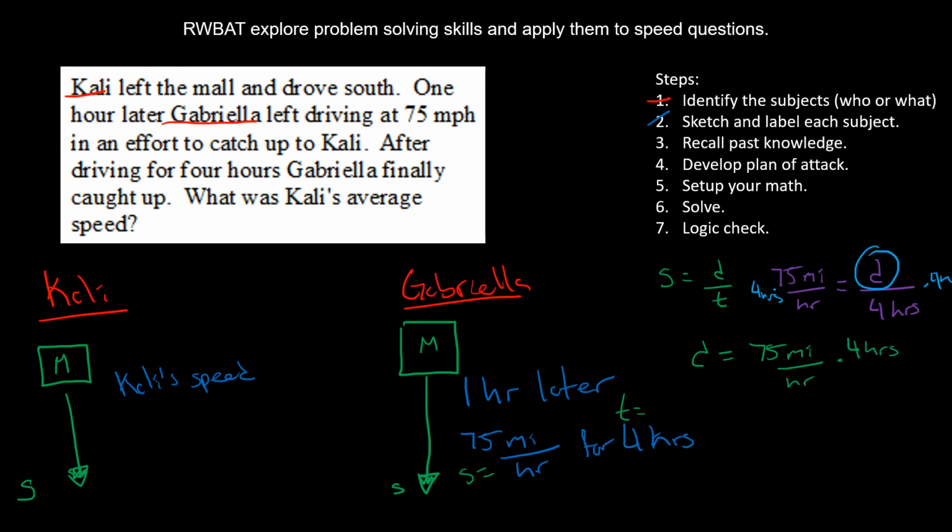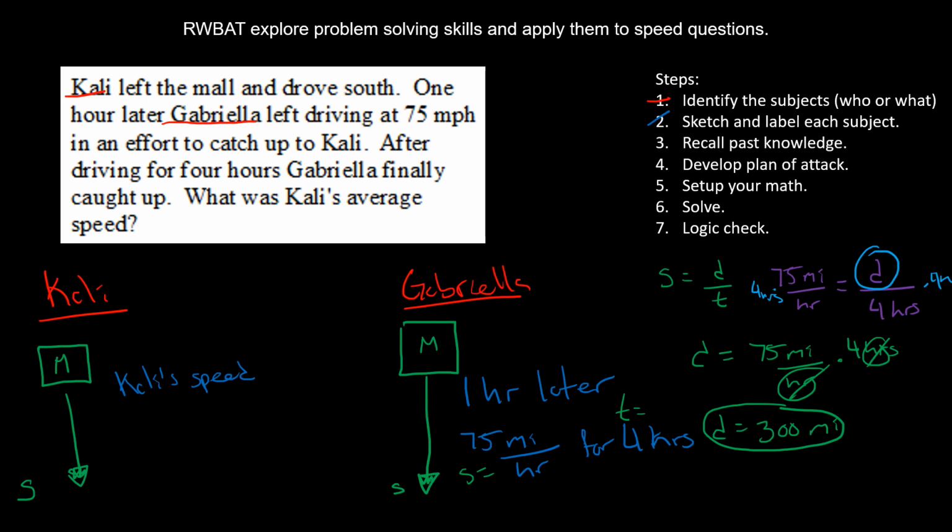And I know this math works because if you look at our hour units, these will simplify out, leaving us just with miles. So distance equals 75 times 4 is 300 miles. And I'm going to circle this. This is important. So we know that Gabriella and Callie both travel a total of 300 miles.